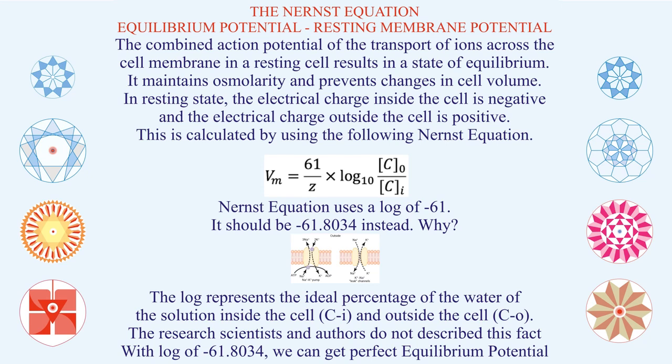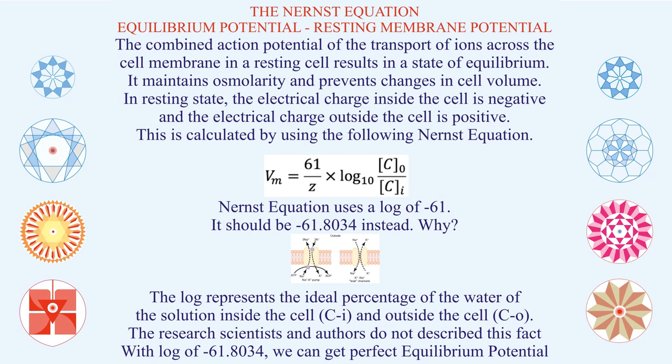The Nernst equation gives the equilibrium potential or resting membrane potential, and it has to be remembered here. The log used is 61, but I do know it is not 61, it should be minus 61.8034 to get a perfect equilibrium potential for all the cells. And that is what I'm now trying to show with this particular thing.